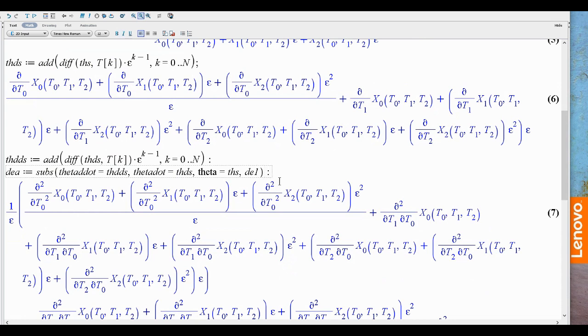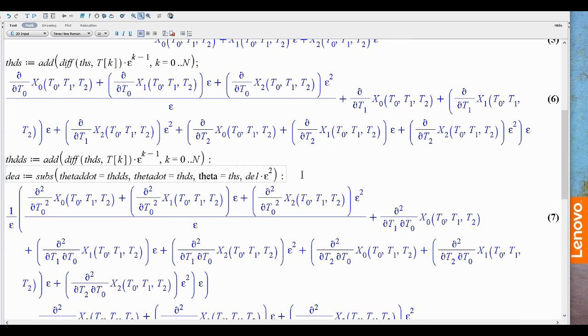Okay, and then you see it is better to multiply by epsilon square to make things a bit easier. So let me just times epsilon square, and then I can say expand or whatever and suppress the display.